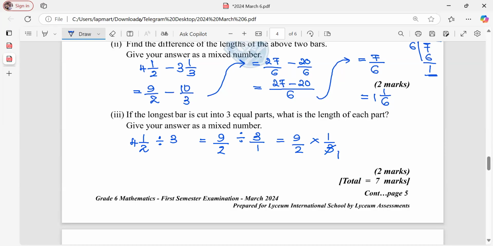So 3 times 1 and 3 times 3. So 3 times 1, 3, 2 times 1, 2. So then 3 over 2 is equal to 1 and 1 remaining. So we can write 1 and 1 over 2, because they have asked us to write the answer as a mixed number.